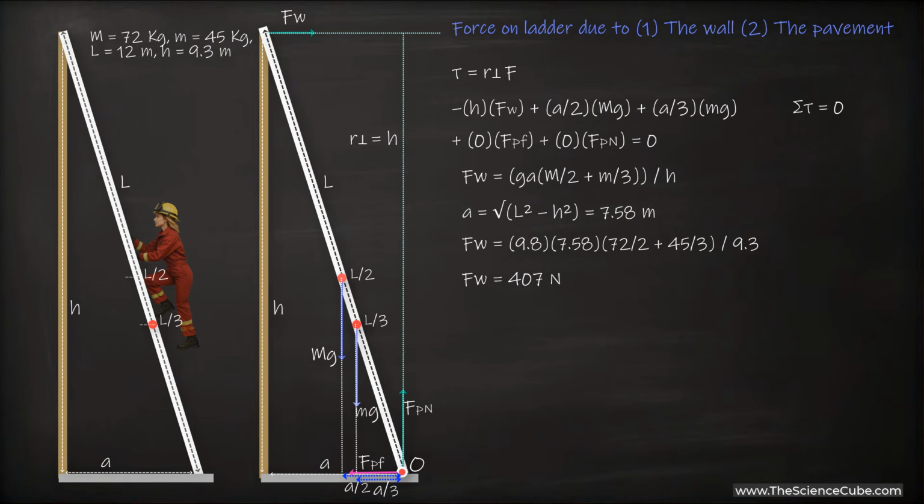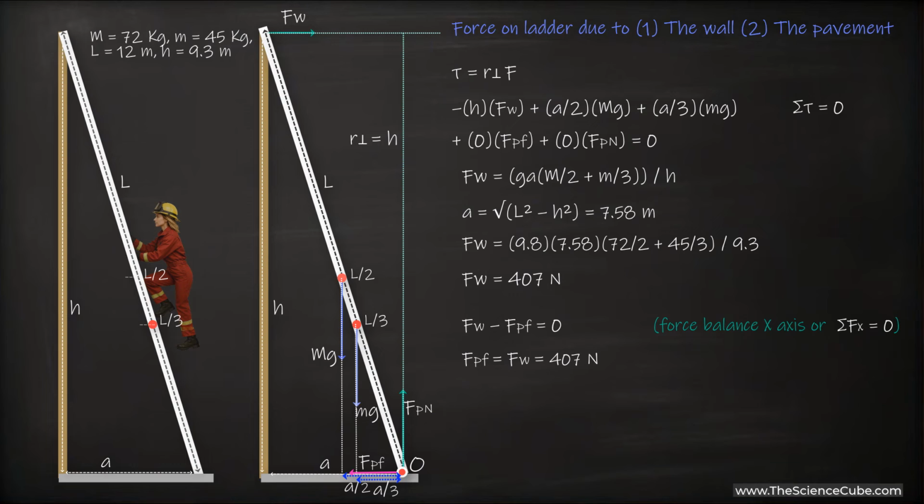Now we can go ahead and use the second equation, or the force balancing equation, and this gives us in the x direction Fw minus Fpf should equal 0, or Fpf should equal Fw, or 407 newtons.